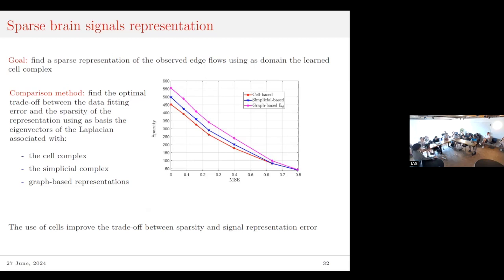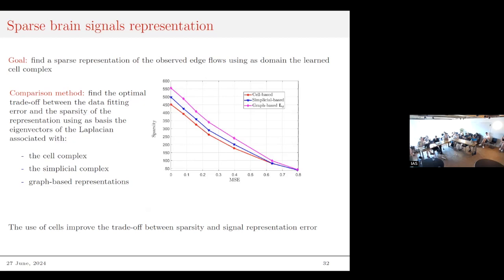The simplicial complex is usually hard. I don't know for the cell complex. In a simplicial complex, we have only triangles, because you don't put more. A simplicial complex is not able to see a square because we have only triangles.